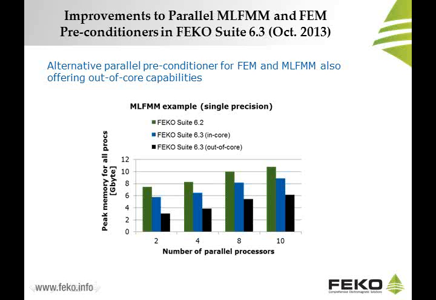For the MLFMM, as already indicated earlier, as a kind of compromise between runtime and memory requirement, we keep certain arrays local. So this is why you see here an increase in memory. It's not, of course, linear. If you go from 2 to 10, so you increase your number of parallel processes by a factor of 5, we don't use 5 times more memory. It's here just, say, 7, 7.5. A factor 5 would be around 38. We are at about 10.5 maybe, and this is caused by the overlaps.